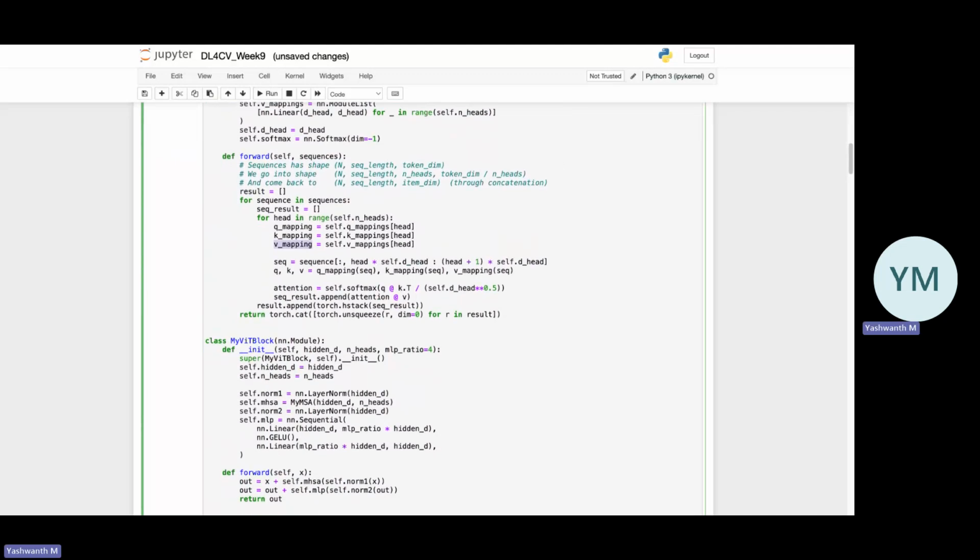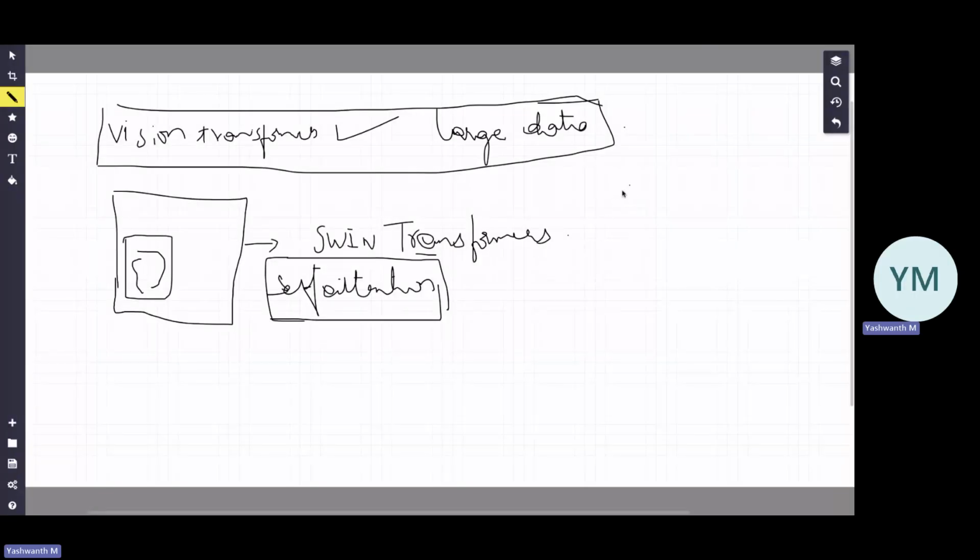Typically, the self-attention block is given by this. I'll explain the self-attention block for a single head.